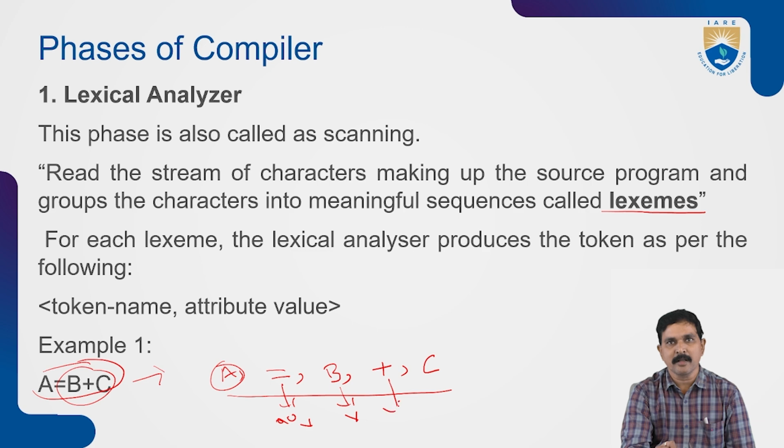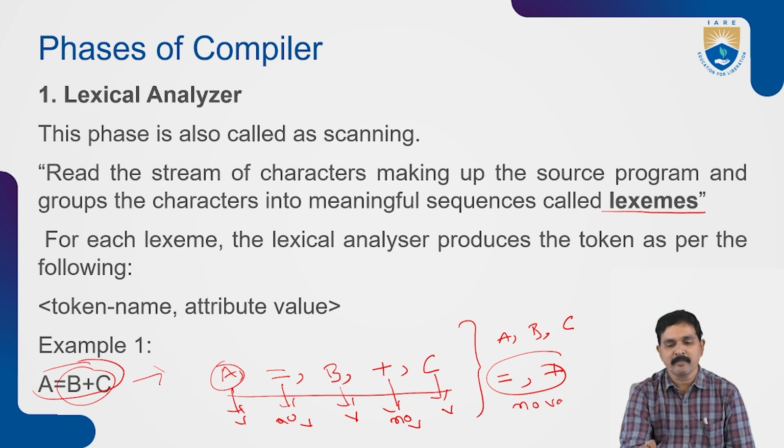What is plus? It also has no value. C may have a value. So finally, the tokens or lexemes that have values are A, B, and C only. The assignment operator and the plus operator have no values. These three have the values.